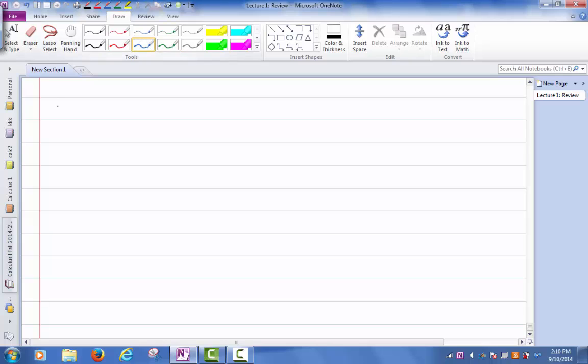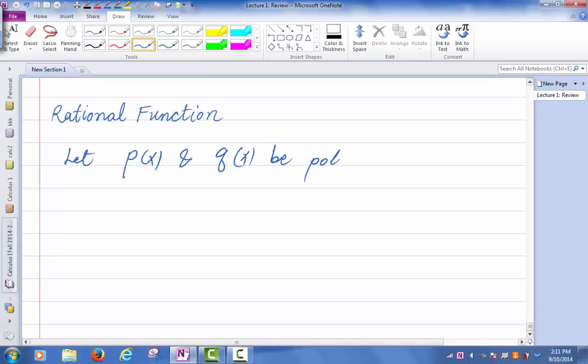So now, what is a rational function? Let P and Q be polynomials, with Q not the zero polynomial.